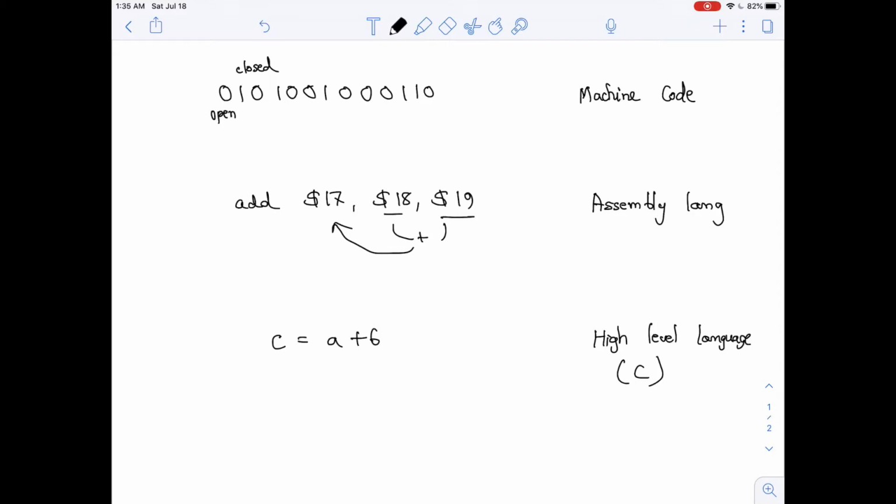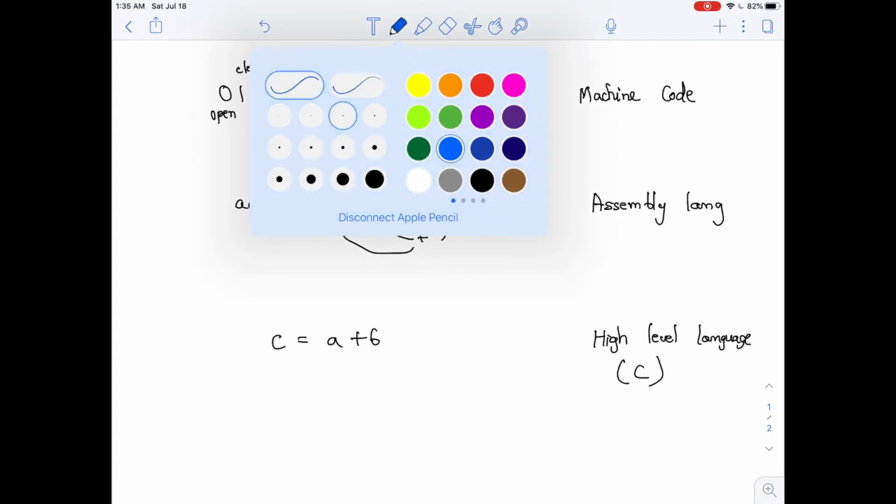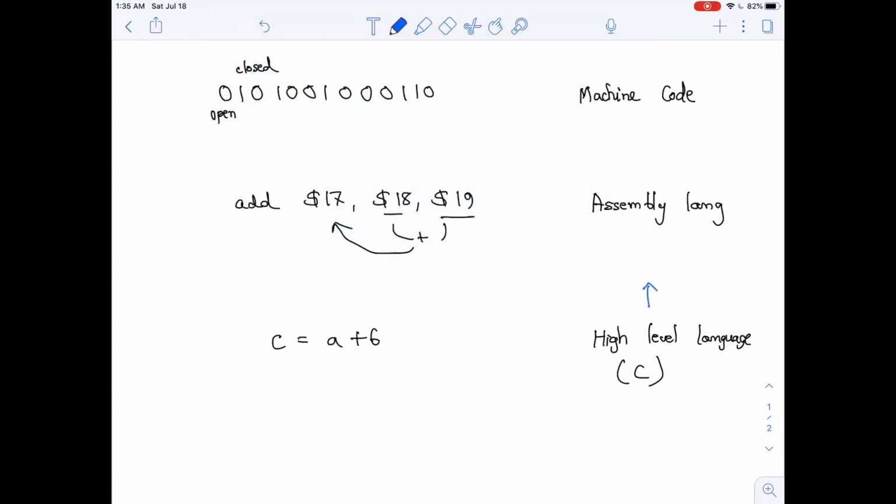There are a number of steps that take place during this conversion. First, your high level language has to be converted to assembly language using what is known as a compiler. But your processor still does not understand assembly language, since it's ultimately written in English or in ASCII values.